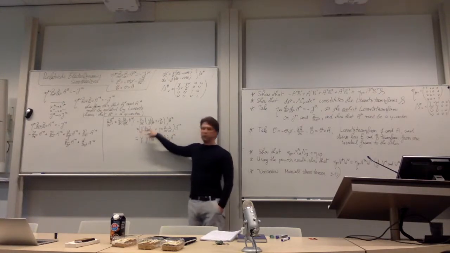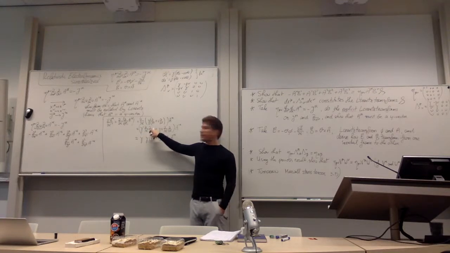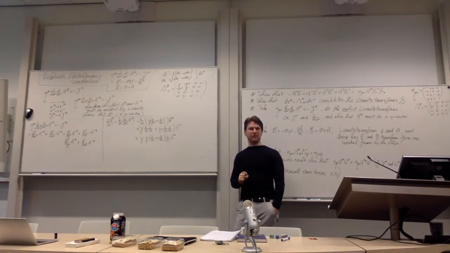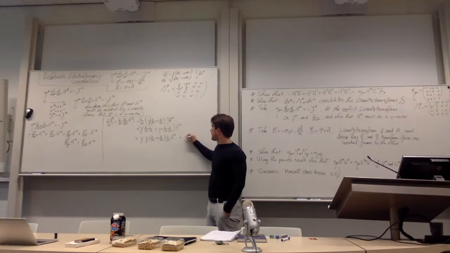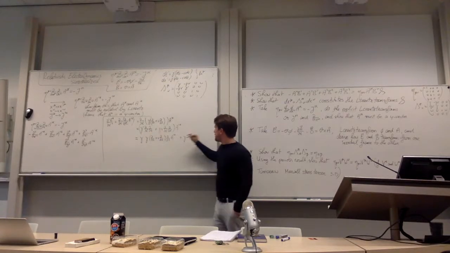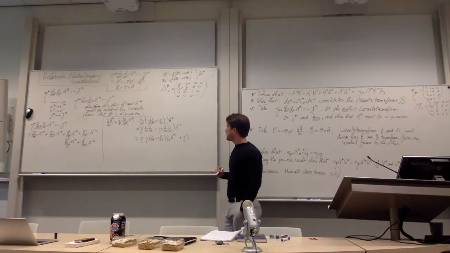What I've done now, I've taken this one and I've Lorentz transformed this one. It gives me this in full. I also have to do it here. This gamma gives you gamma squared times v.